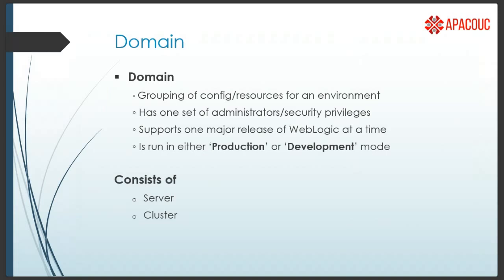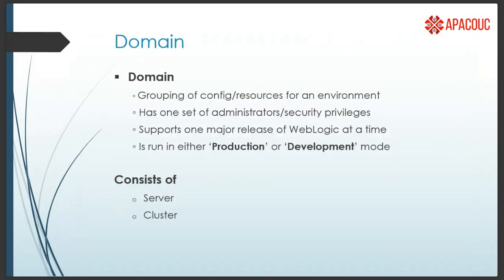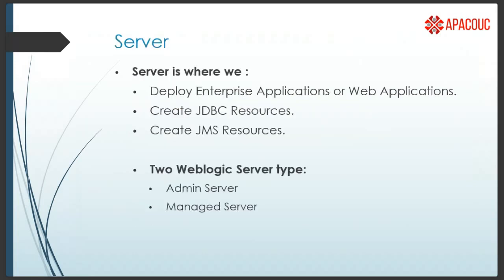Okay, and in the domain I have two kinds of server, as you saw previously: the admin server and the managed server. Actually, we have something called a server and something called a cluster. In the servers, there are two kinds of servers.